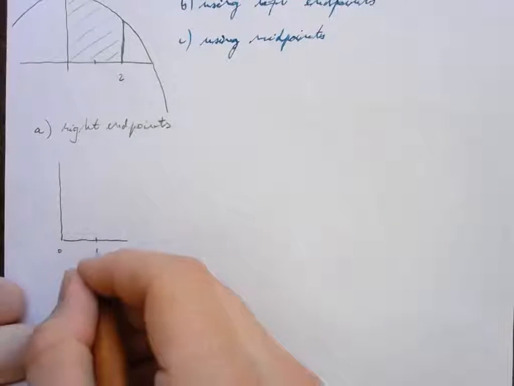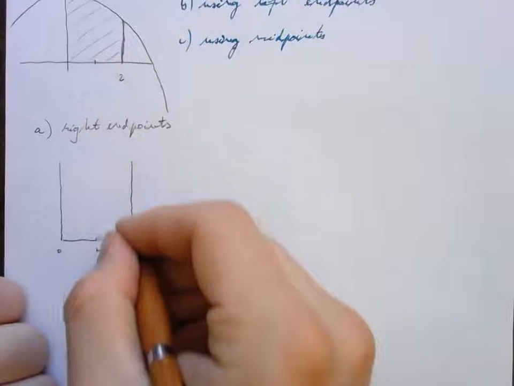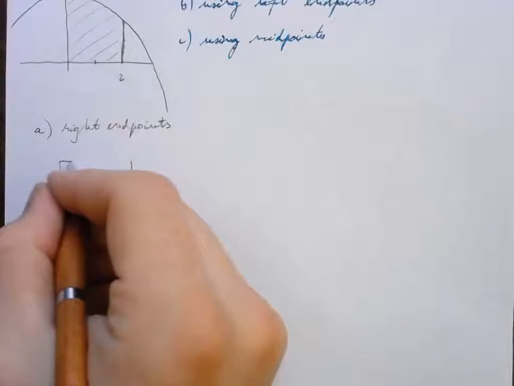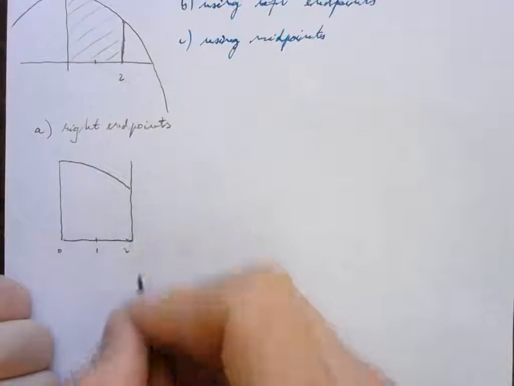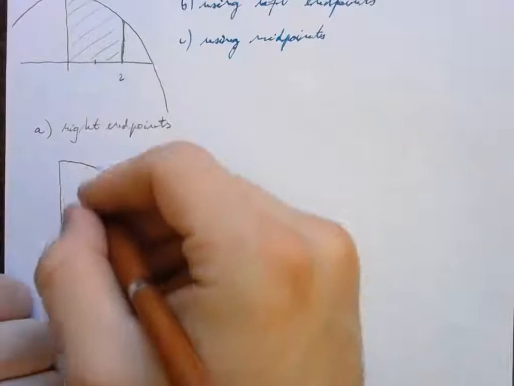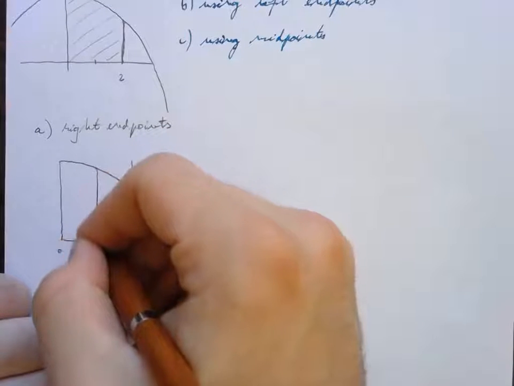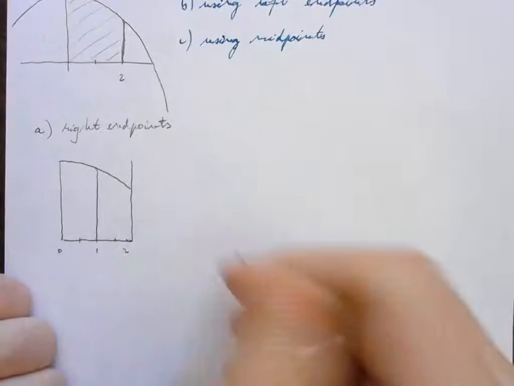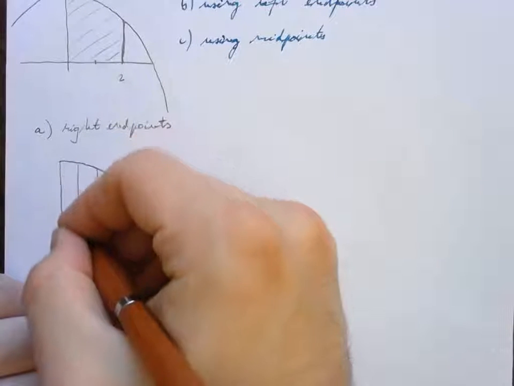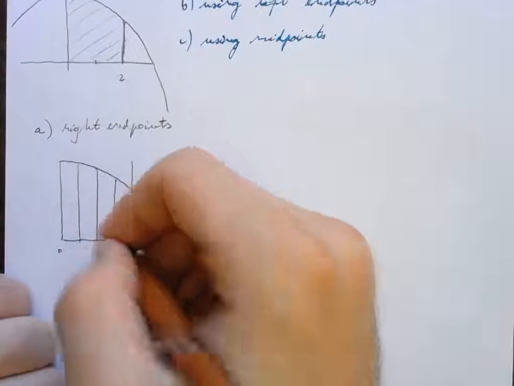Here is 0, 1, and 2. And now I go ahead and draw my rectangles. I want to use 4 rectangles. So I have the following picture.